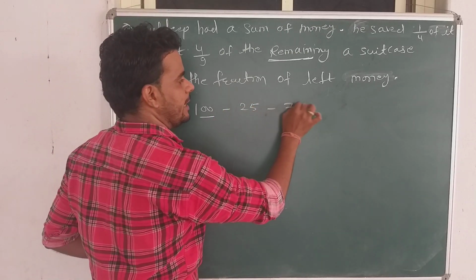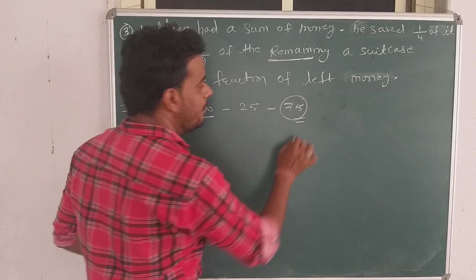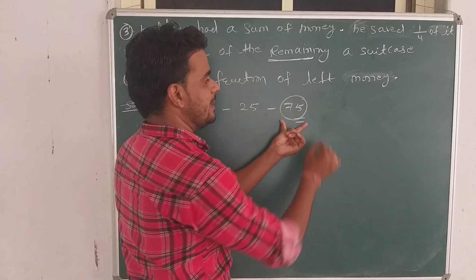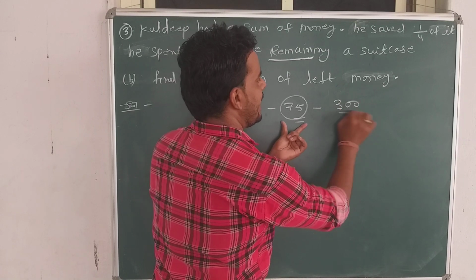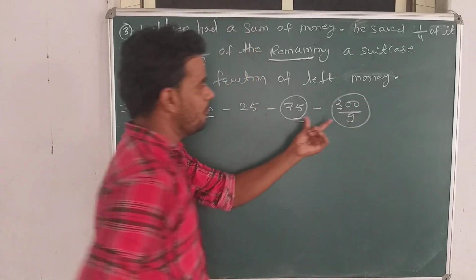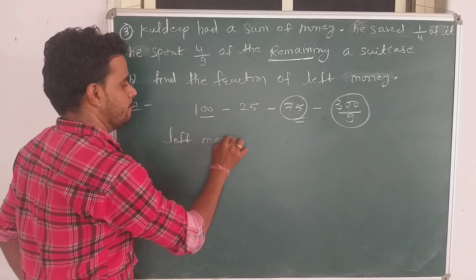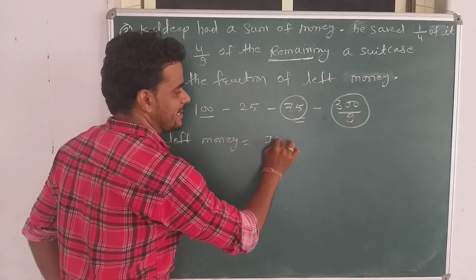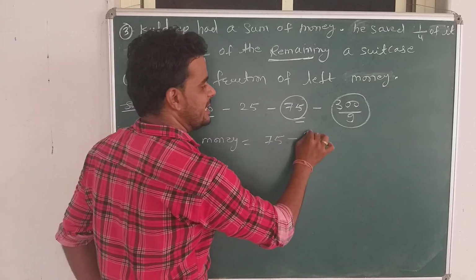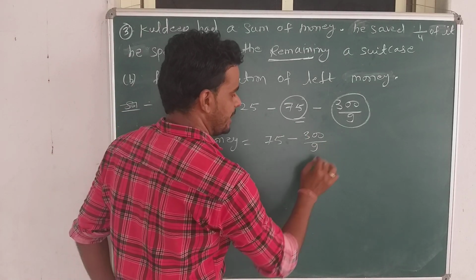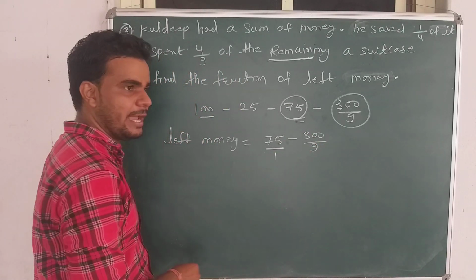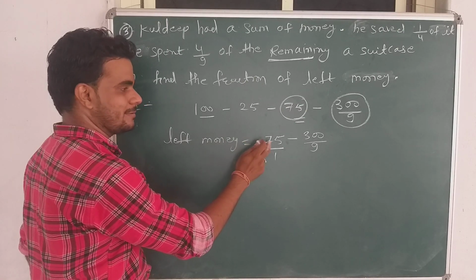The remaining 75 money he had, and out of 75 he spent 300 by 9 on suitcase. So now we will find out the left money. So left money is, last he is having 75, and out of 75 he spent 300 by 9 on suitcase. So 75 minus 300 by 9. There is 75 only single term there.